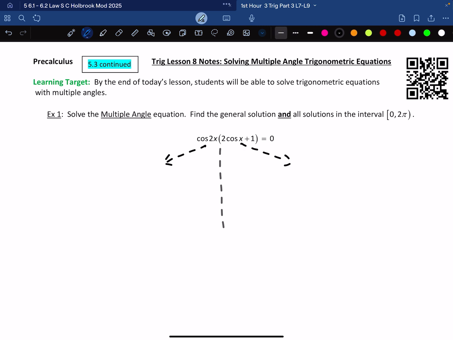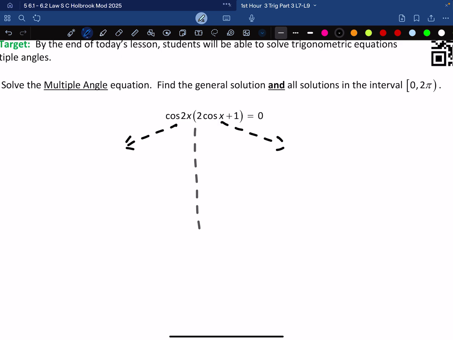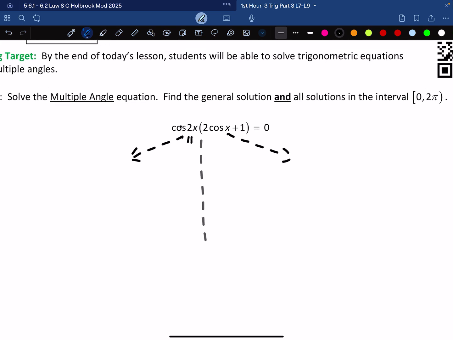Okay, so for the first one, setting this one equal to 0, we have the cosine of 2x equals 0. So that one's already been solved, cosine has been isolated. You don't have to do anything other than now ask yourself, what is the value of the angle in which cosine is equal to 0?